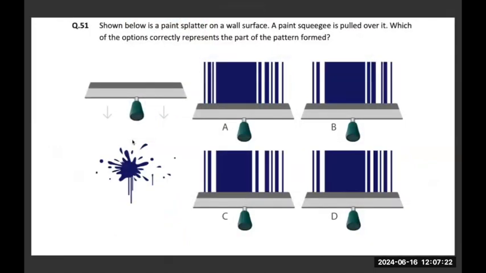Shown below is a paint splatter on a wall surface. A paint squeegee is pulled over it. Which of the options correctly represents the part of the patterns formed? This is a squeegee, this is a splatter.